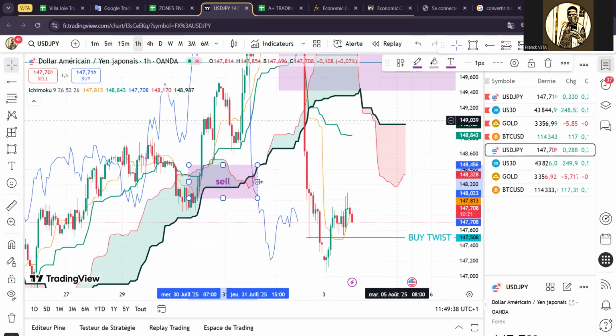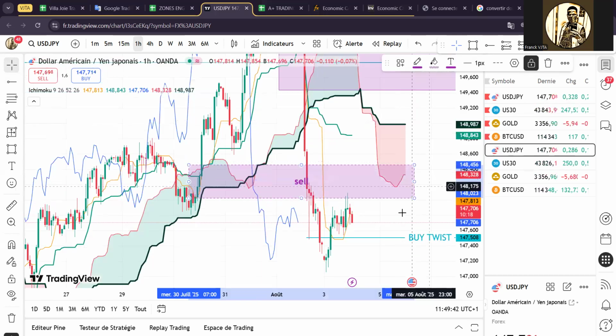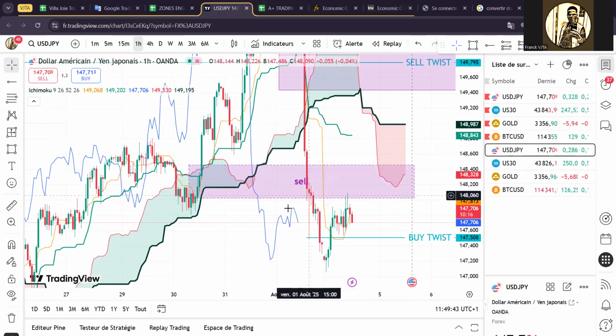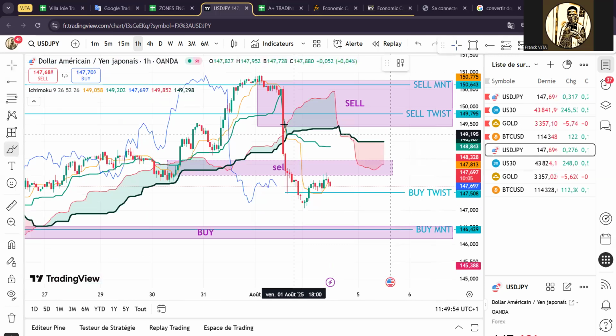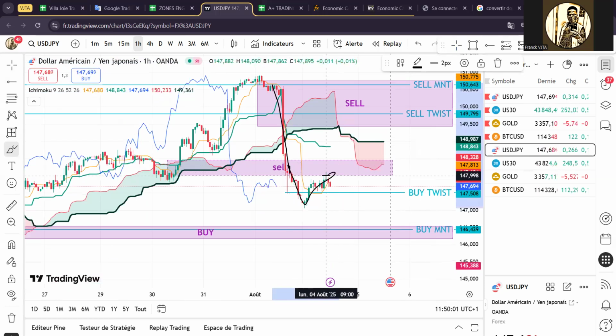We name it a sell because the price broke through it and then did a rebound on it and is going down. So that's exactly what is happening. The conversation between zones is that the price went down, broke this minor zone, made a rebound, and then it's going down now.